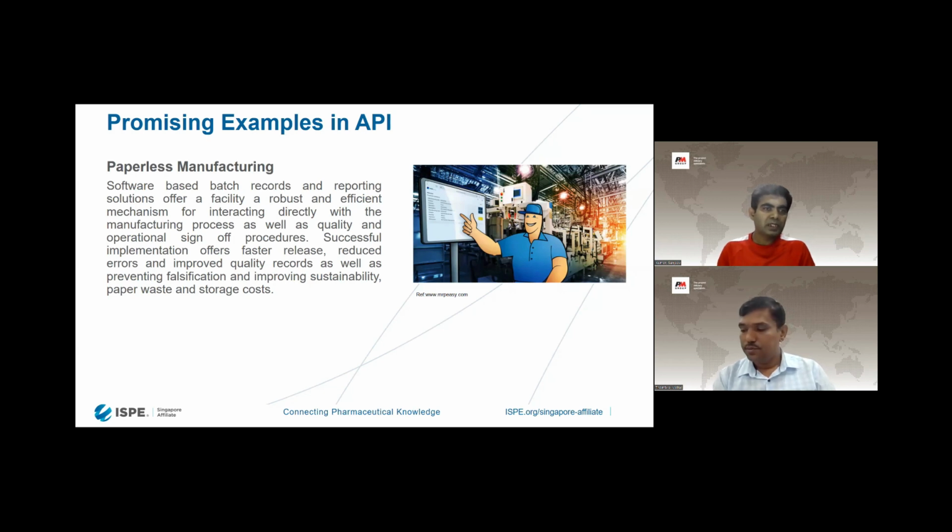These are some examples of paperless manufacturing, which is very widely used in the API industries. These are software-based applications which are completely removing the physical way of recording and monitoring.